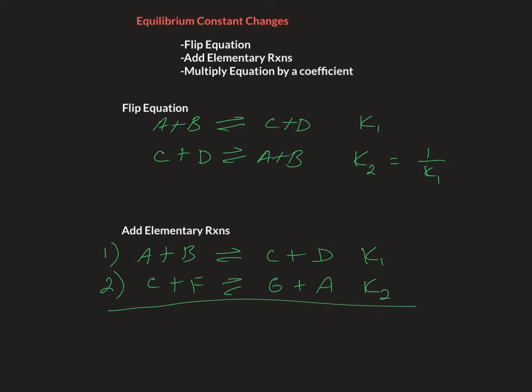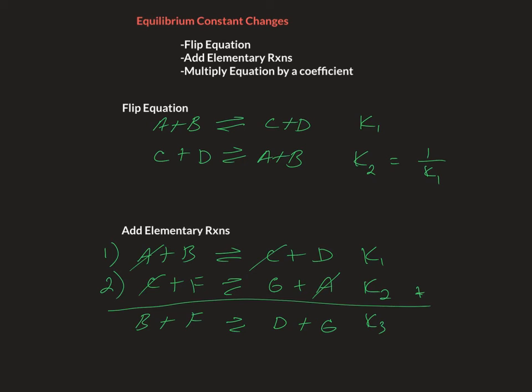Now, if we're doing some kind of Hess's law kind of thing, and we're flipping these to get things to cancel out, obviously these two would cancel, these two would cancel, and my net reaction would be B plus F goes to D plus G. So the new K for this one, we can call it K sub 3.